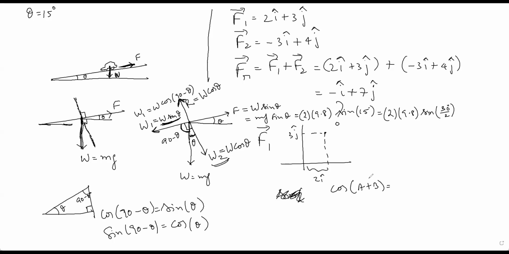Cos A plus B is equal to cos A cos B minus sin A sin B. Cos always goes with the cos. Plus or minus, minus or plus.